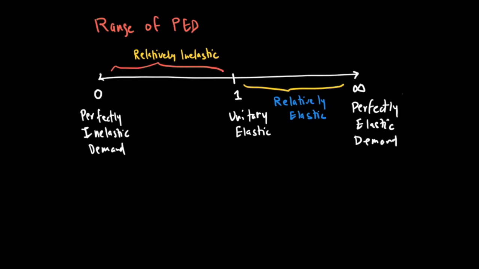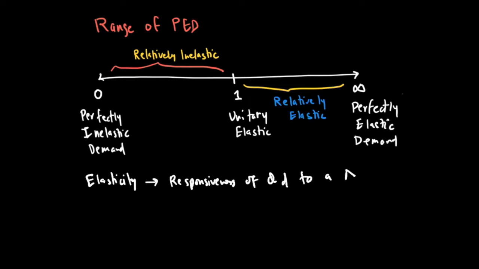Now, when you are here on this part of our graph, this end here, versus when you are here, the elasticity is going up because we become from a perfectly inelastic, more elastic, which means when we say the elasticity goes up, what we actually want to say is just that the responsiveness of quantity demanded to a change in price actually goes up.